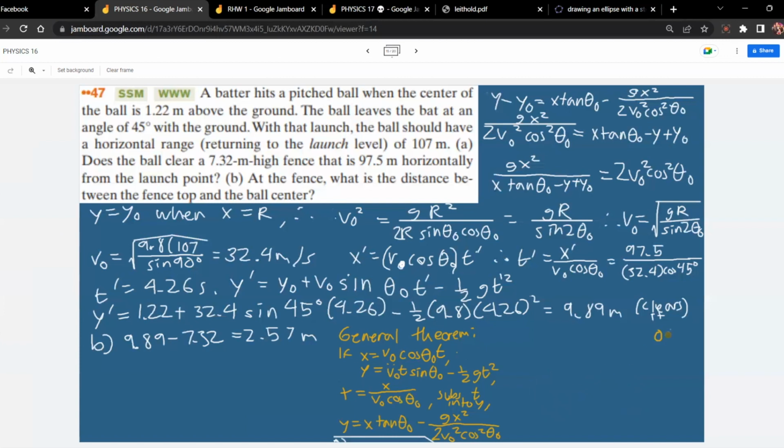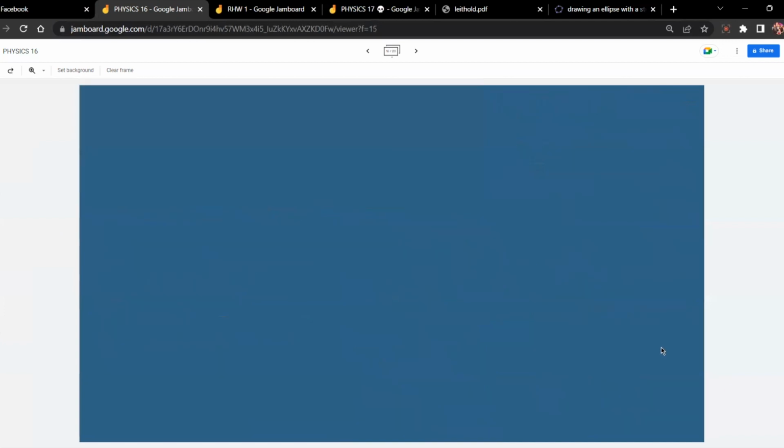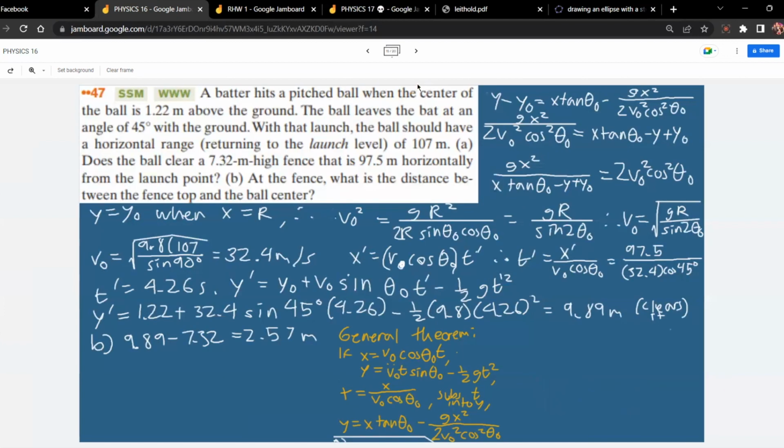So on yung range, it reaches the final launch level at x equals r and y equals y naught. So it returns to launch level. Yung coordinates ng ball when returning to launch level is r, y naught.